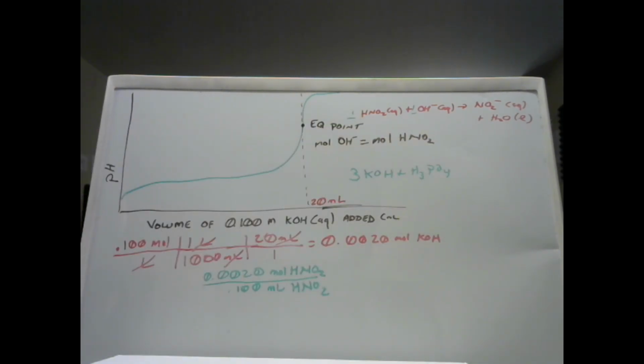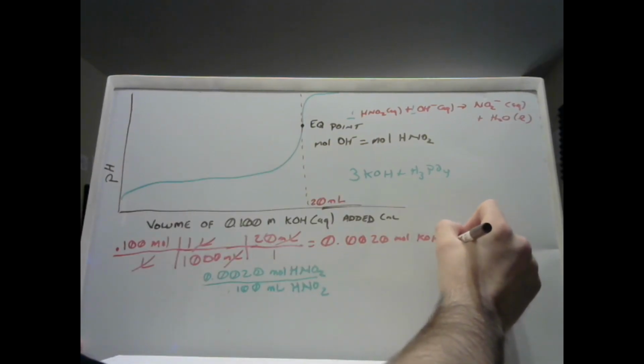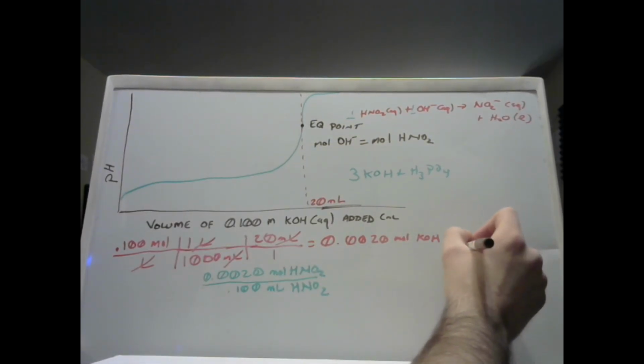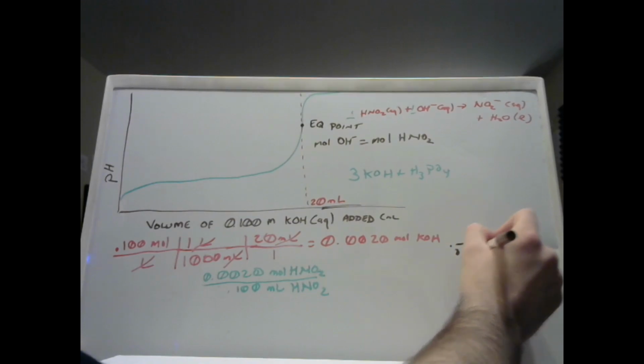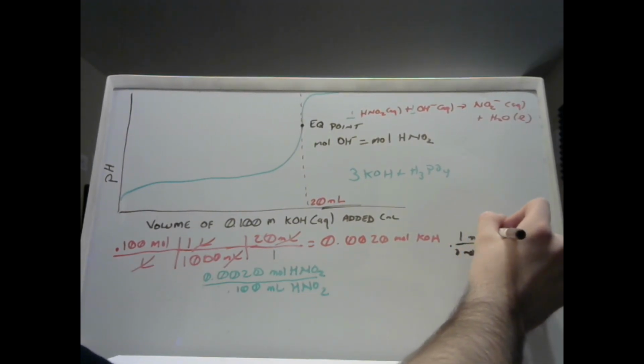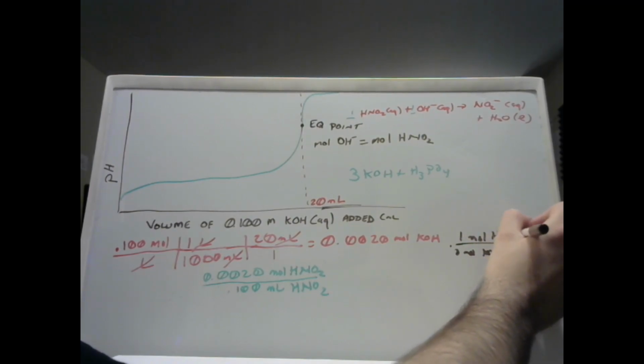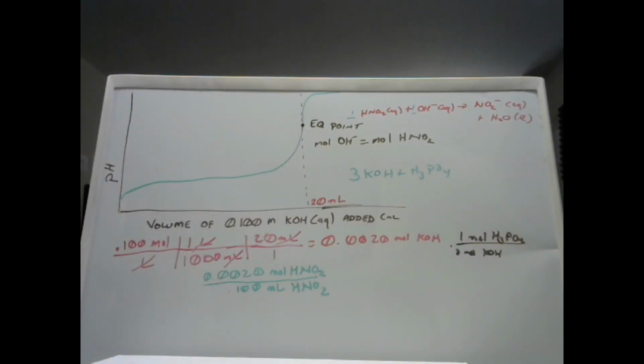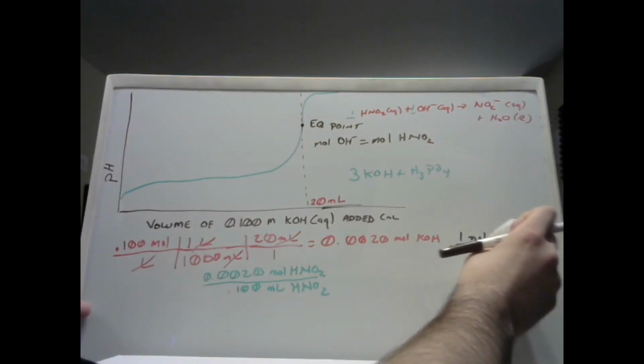Let's do this in brown because it's not actually part of the process, just a theoretical. In this case, it would be 3 mole KOH is 1 mole H3PO4. That's our hypothetical example only, but for this case, it's a 1 to 1 ratio.